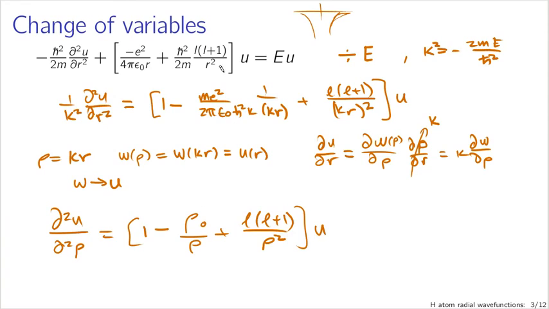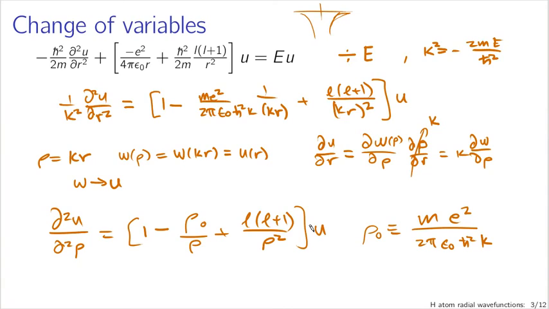And this constant ρ₀ absorbs the complexity in this. ρ₀ is defined to be mₑ times e, the electron charge, squared, divided by 2π ε₀ ħ² k. So we've defined some constants and we've made a relatively straightforward change of variables. And we end up with this as our equation.